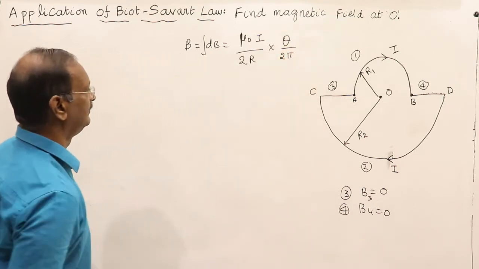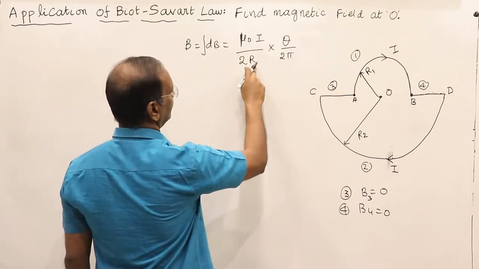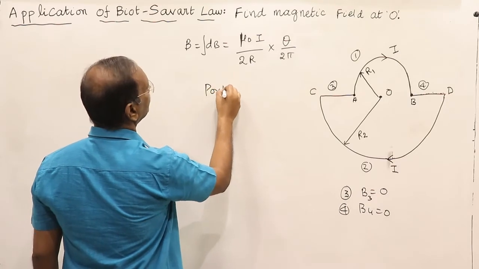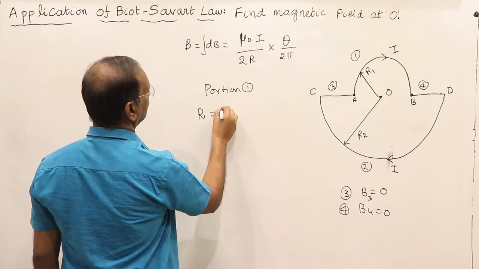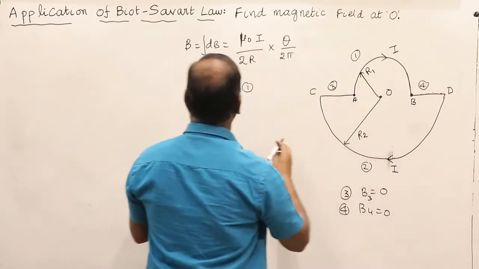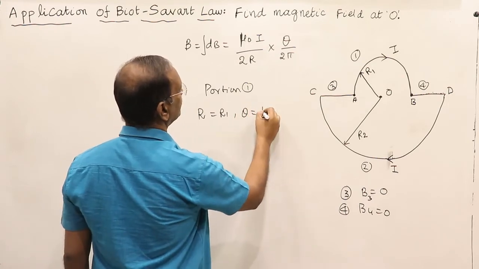Why? Because we have already explained this. Now here, what is R? For portion 1, R is equal to R1, and the angle subtended is a semicircle, and semicircle means pi.